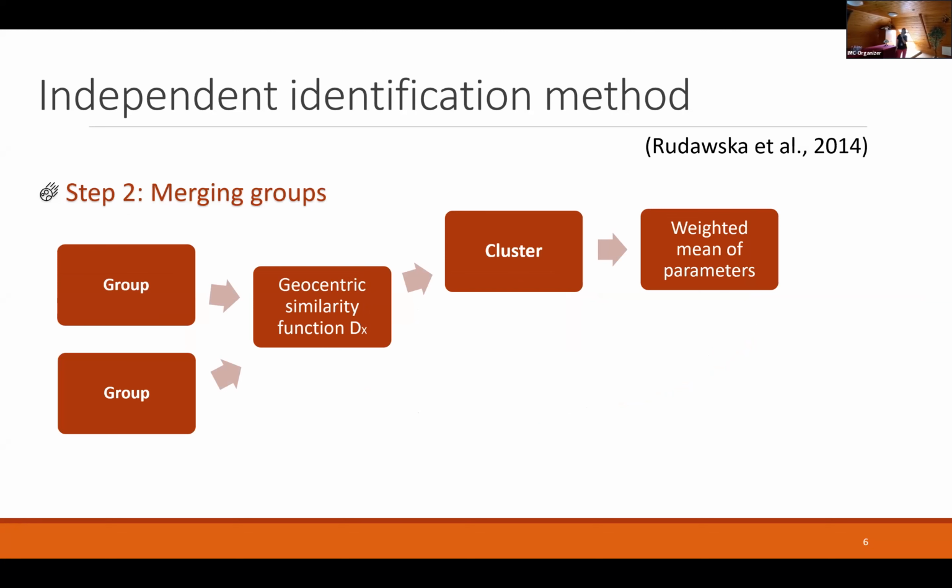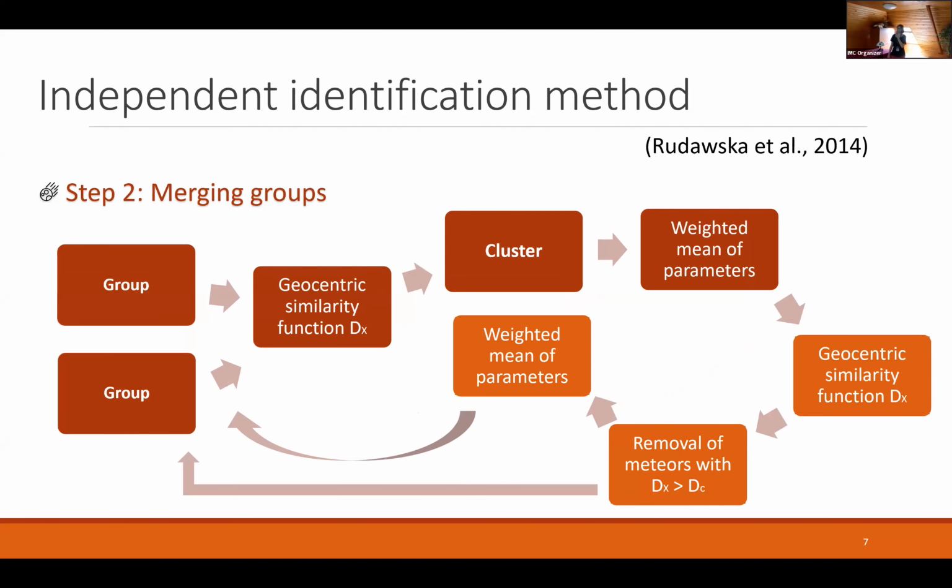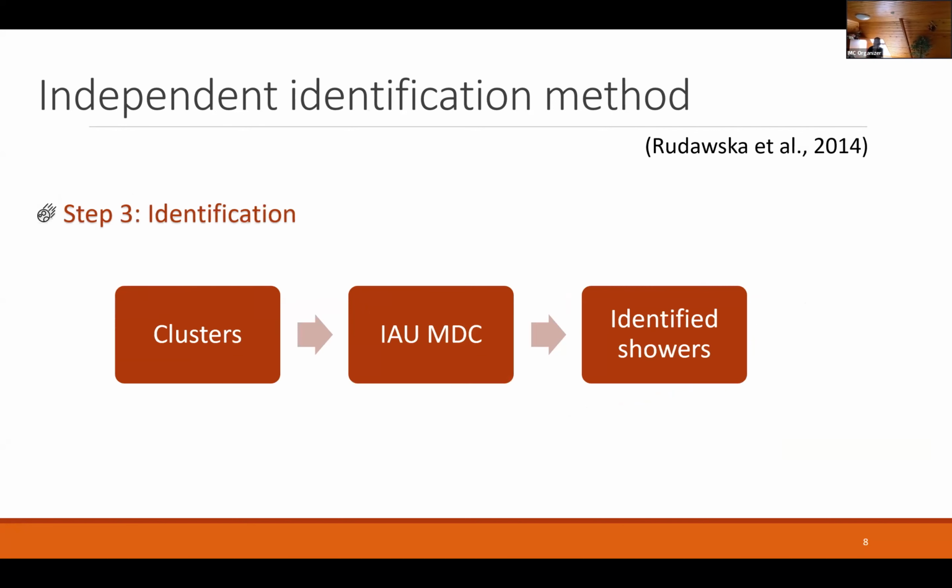In the next step, you merge the groups, again based on the similarity function, to create clusters. Then there are a few sub-steps where you check the clusters, maybe remove meteors based again on the conditions you set, correct the weighted means, and the whole step is repeated a few times. And the identification is done.